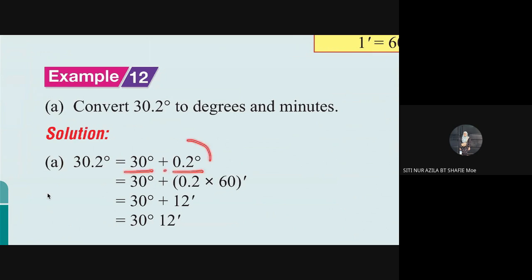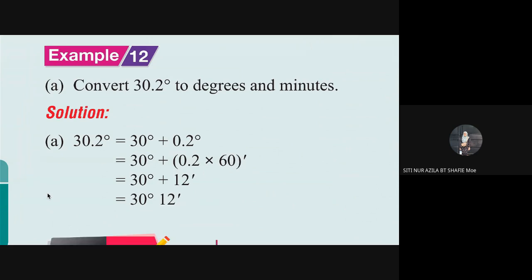Then the decimal part, we are going to convert into minutes by multiplying with 60 minutes. 0.2 multiplied by 60, you will get 12. So from 30.2 degree, converting to degree and minute, you will get 30 degree and 12 minutes. That's a manual calculation.